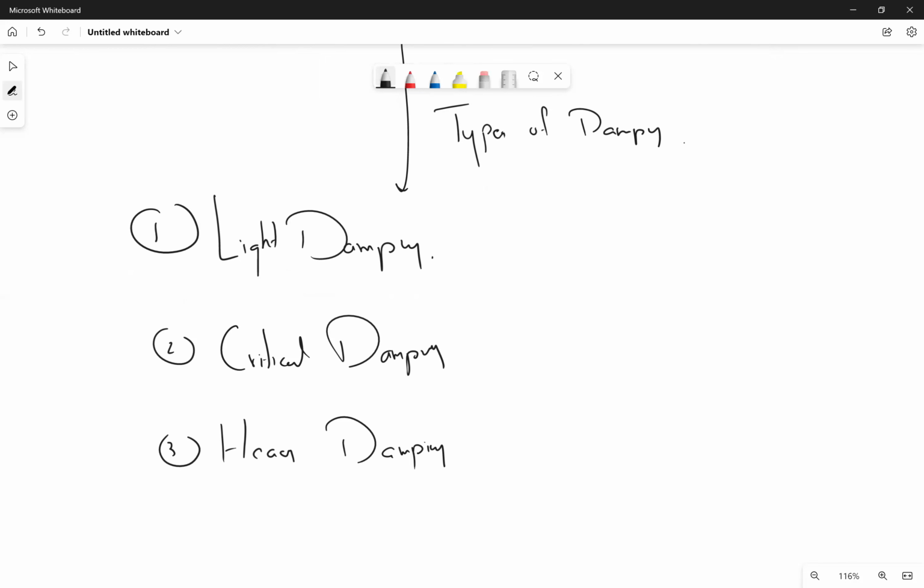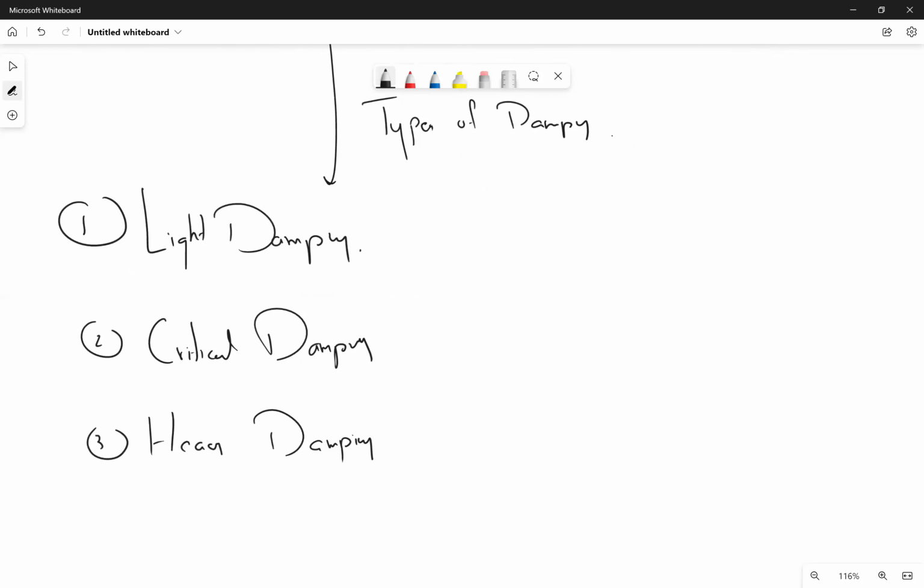In light damping, the oscillations stop gradually, all right? The object continues to oscillate and it gradually comes to a stop. The second type of damping, critical damping, is an immediate stop without oscillations.